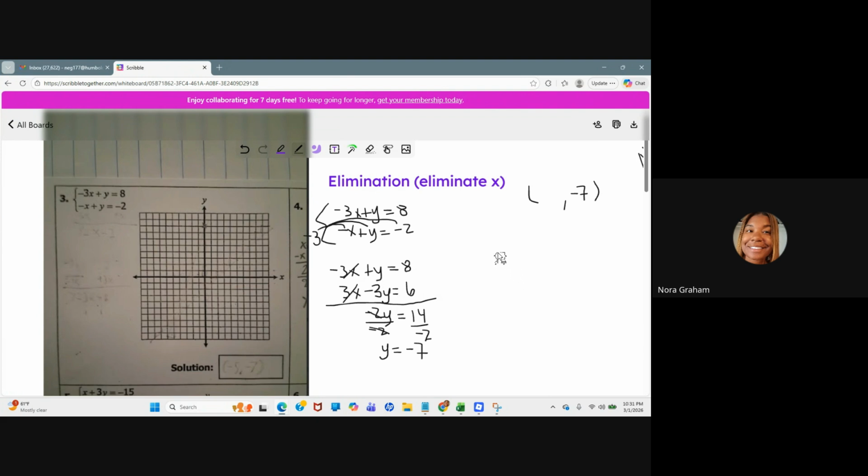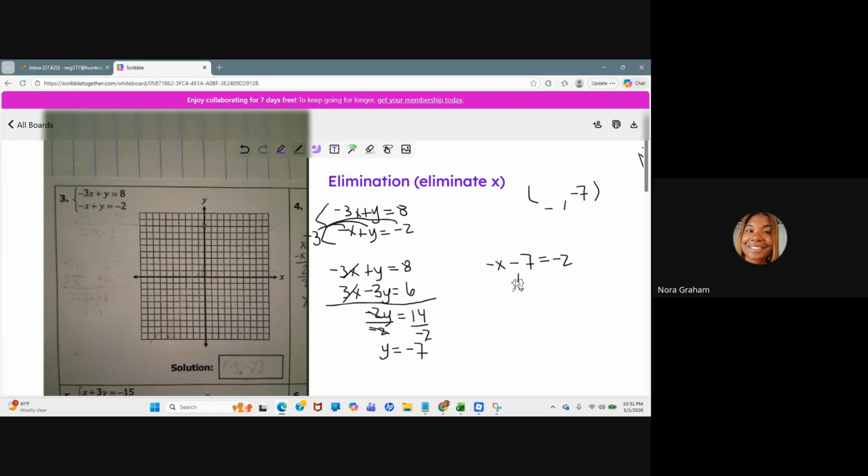All right. So if I plug it into this equation, equation 2, I'm going to get negative x. We already found our y, right? So that's going to be minus 7, because it's negative, equals negative 2. Right now I'm solving for x because that's what I need to find right here.